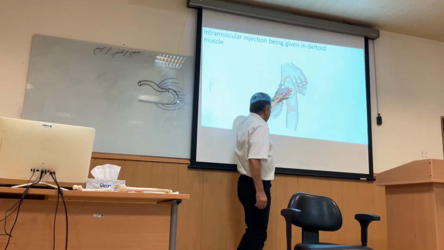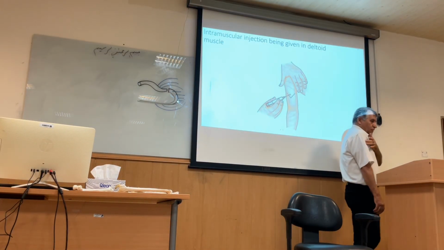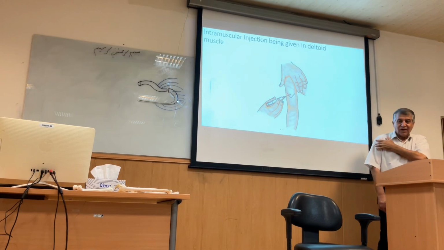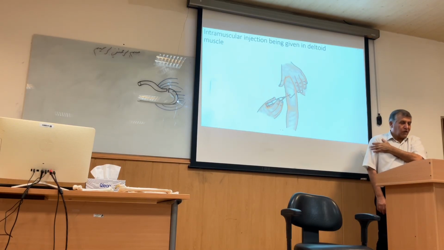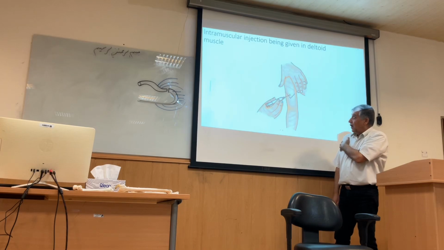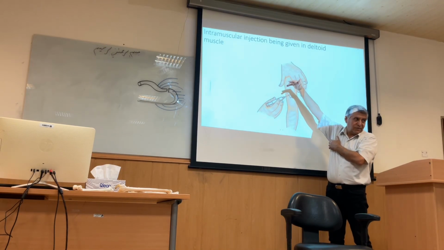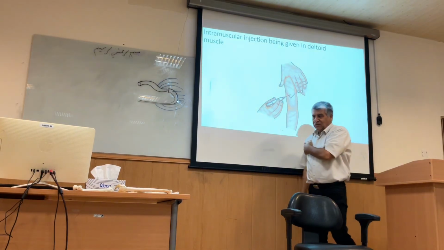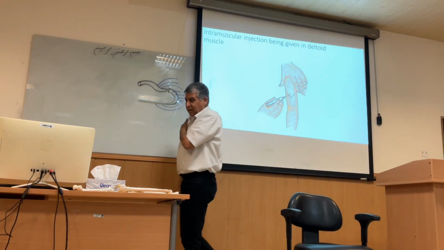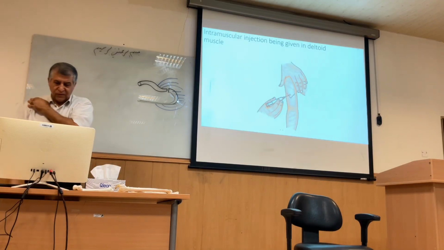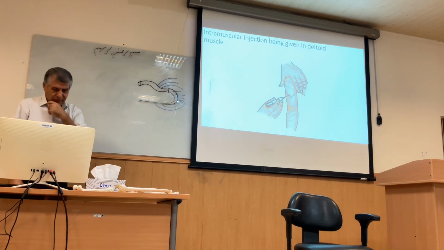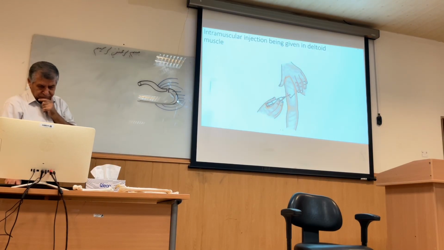The lower part of the deltoid muscle is safe because all neurovascular structures are in the upper half. Okay.